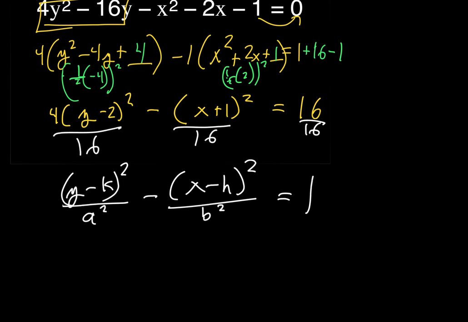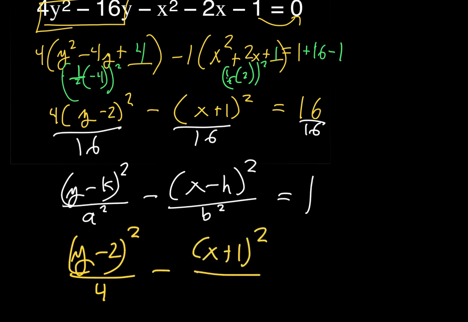So my final equation will be, let's see, 4 over 16. I'll have y minus 2 squared over 4 minus x plus 1 squared over 16 equals 1.